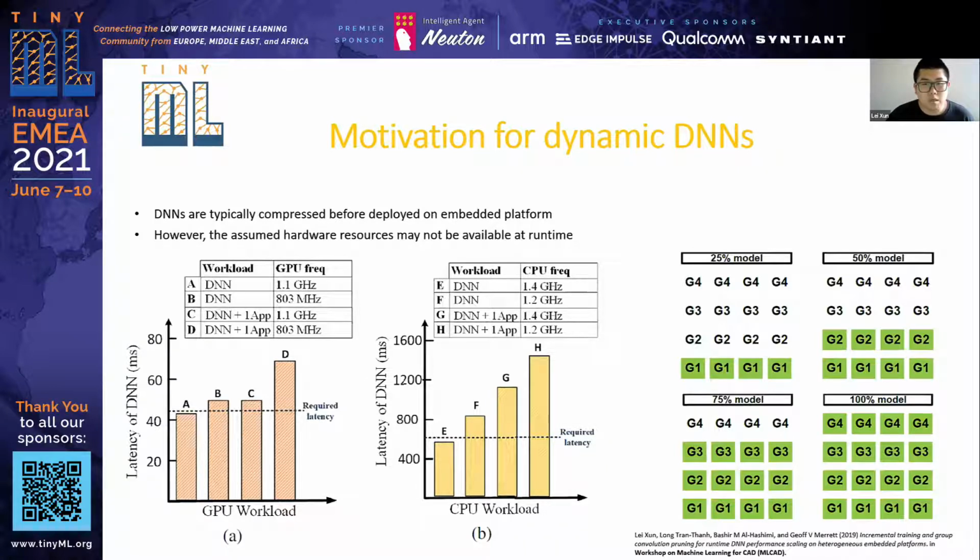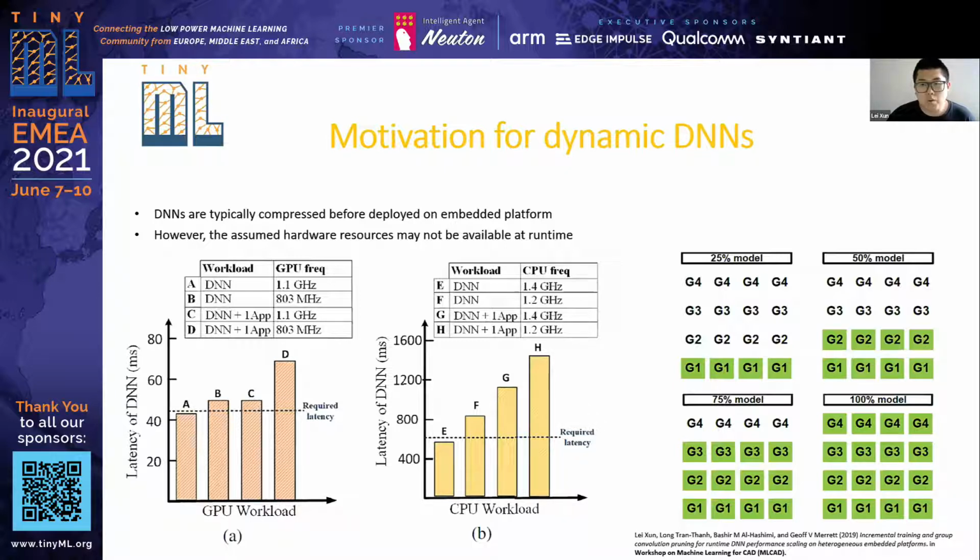But you can see in scenarios B, C, D, and F, G, H, when the frequency changes at runtime or when the model is shared with other applications, the results of design-time compression are no longer valid. So one solution to this problem is a dynamic neural network, which is shown on the right-hand side.